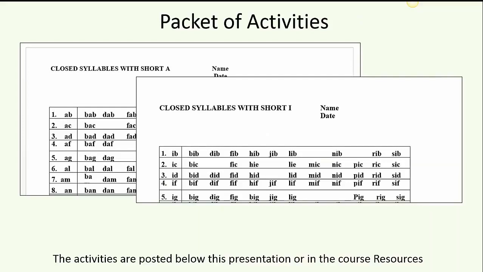What follows is a packet of activities that can be used to strengthen reading of closed syllables after the above work with magnetic cards, 3x5 cards, and large print worksheets. For each vowel, there is a rather dry and intimidating sheet with 12 rows of closed syllables.